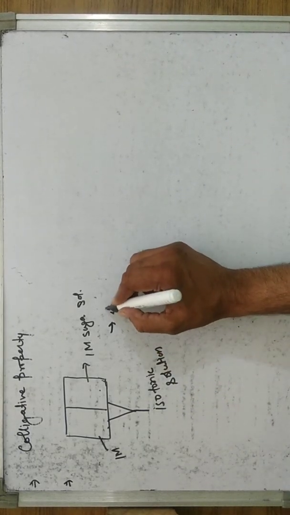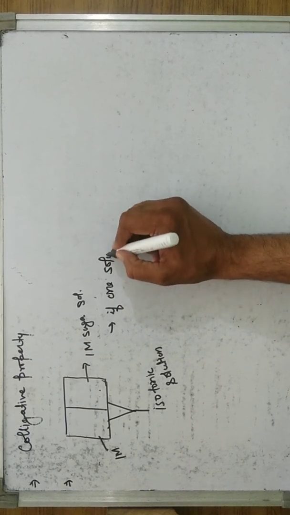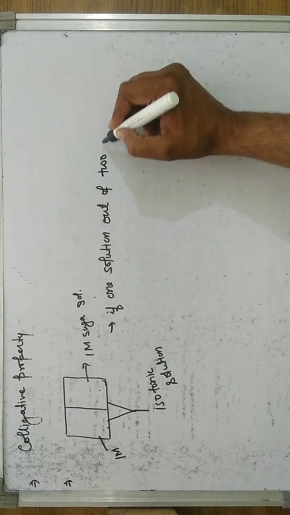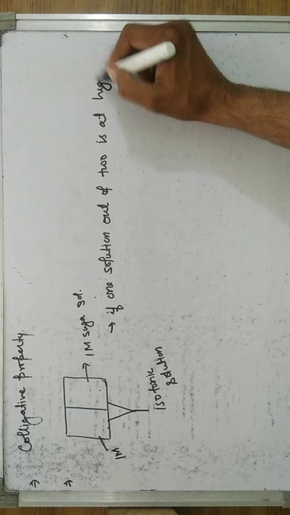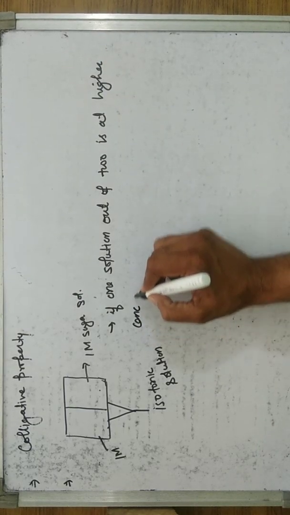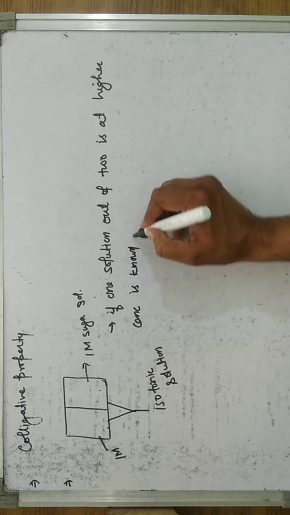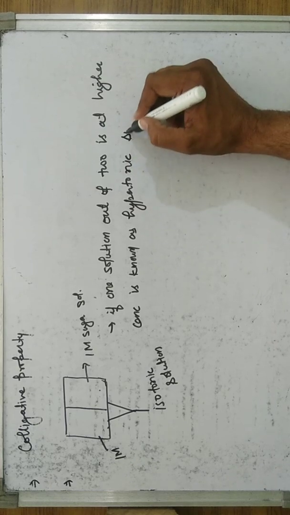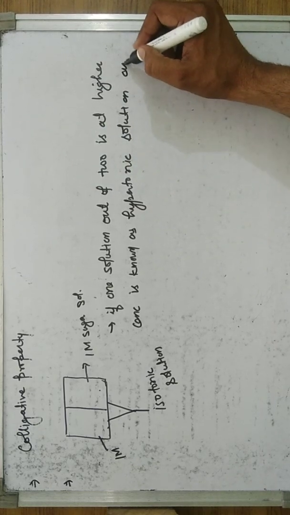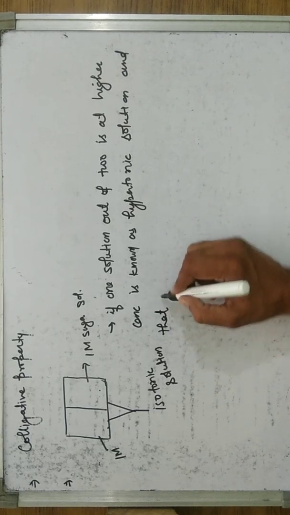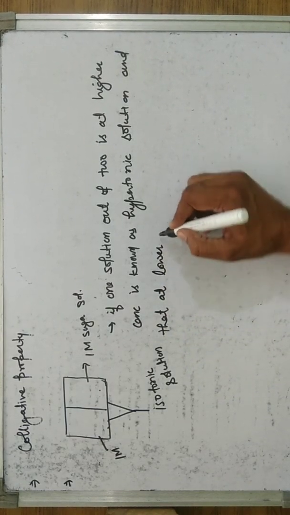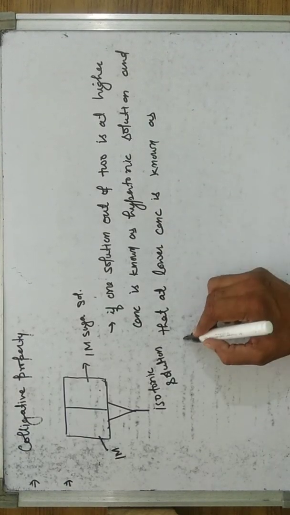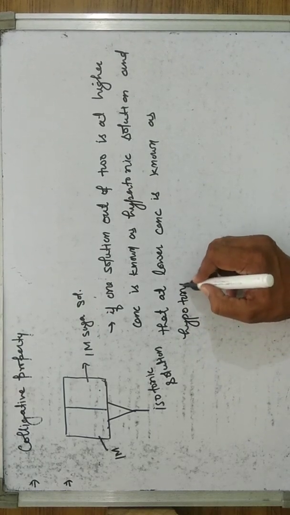If one solution out of two is at higher concentration, it is known as hypertonic solution, and that which is at lower concentration is known as hypotonic solution.